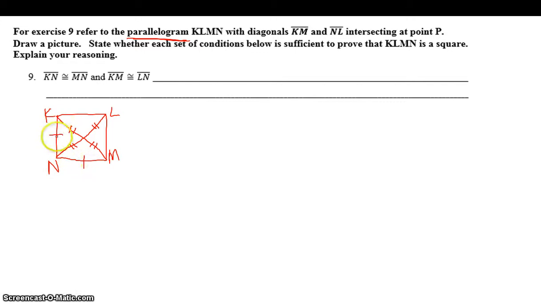Well, what was this marking when you have adjacent congruent sides? What was that? That was rhombus. Okay, and which one said that the diagonals are congruent? That was a rectangle.